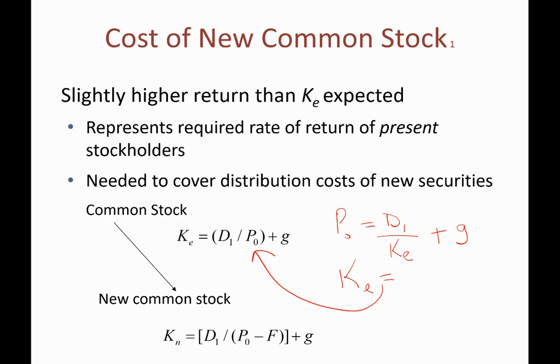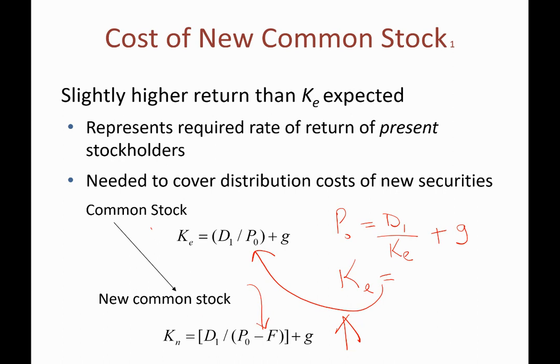And that will be our required rate of return on new issues. But because the new issues are going to have a flotation cost or selling cost element, we need to reduce our current price by the cost of each issue of new share. By so doing, you end up with a higher rate than what you have here.